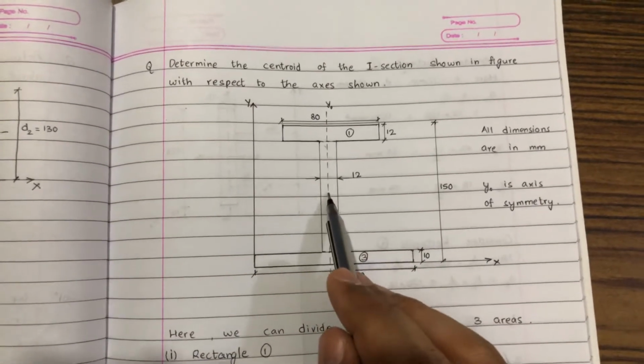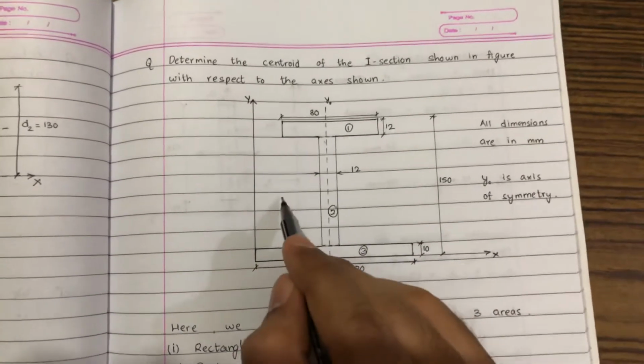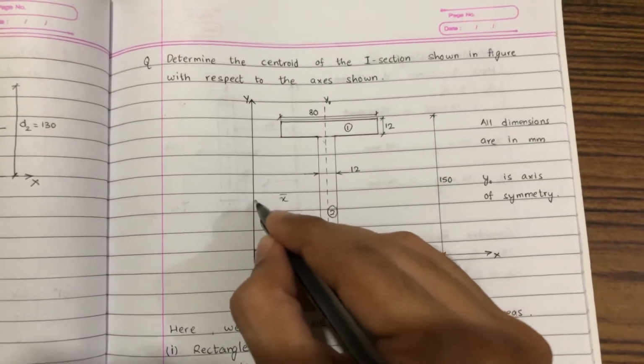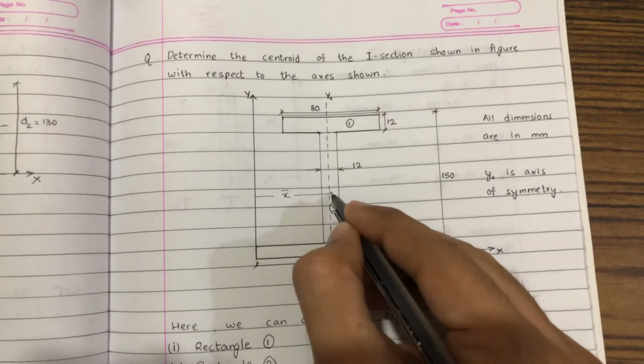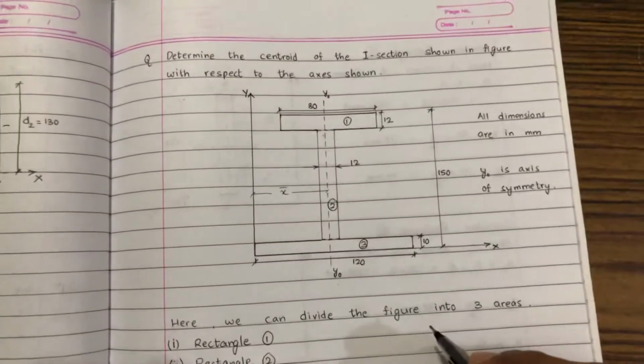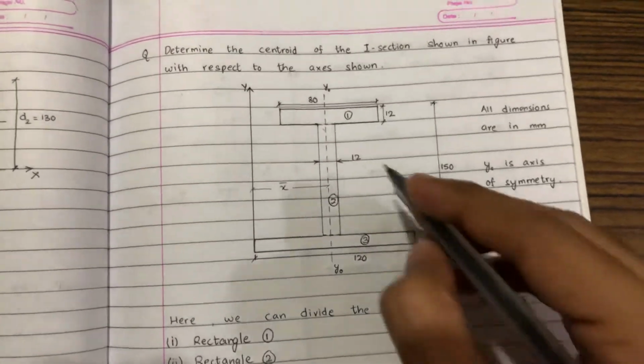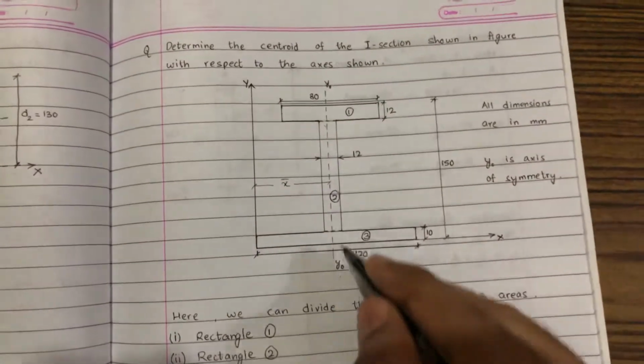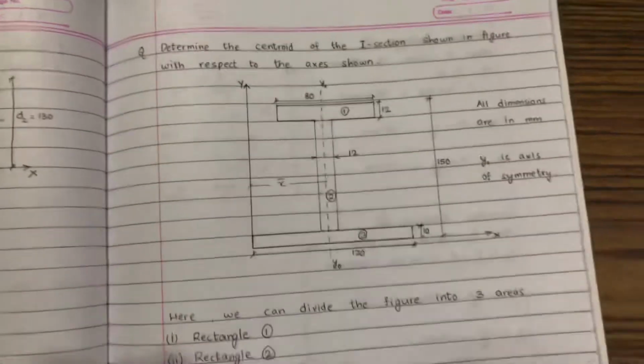Somewhere it must be on this axis of symmetry. So we have the value of x bar. We have to find the value of y bar. Y bar must be lying on this axis of symmetry.